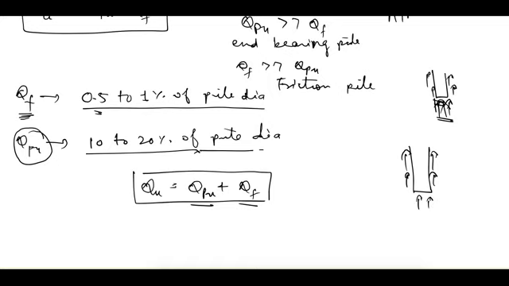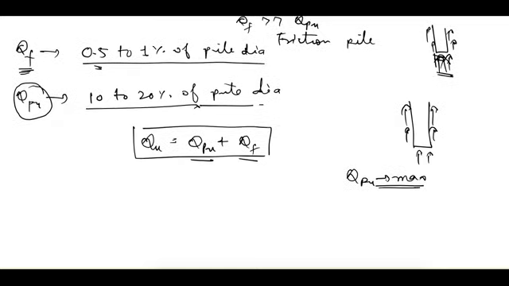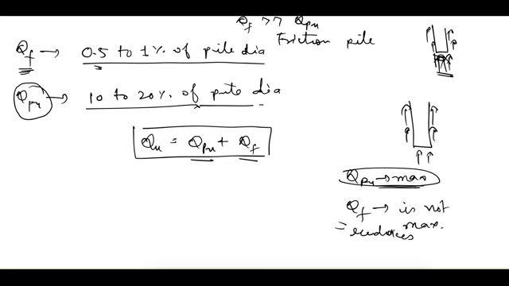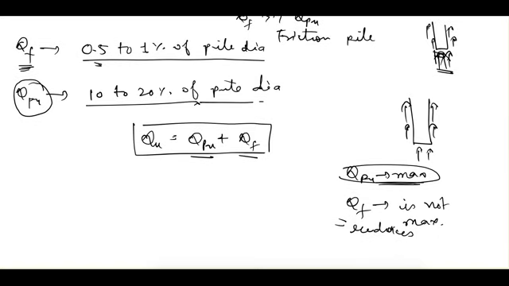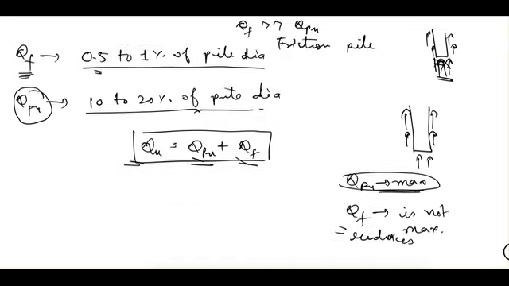So when end bearing resistance reaches its maximum value, the frictional resistance is not maximum, or we can say the frictional resistance reduces. This is a field observation, so this is for your knowledge. Apart from that, we are going to use this formula, that is the maximum value of point resistance and maximum value of frictional resistance.